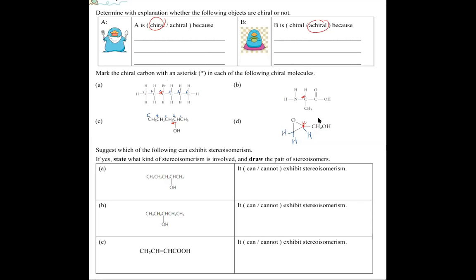Okay, so if the question provides you with the condensed structural formula, then you could fill in those hydrogens to remind yourself, and then it will be easier for you to find out the answer. Okay, so any questions so far?